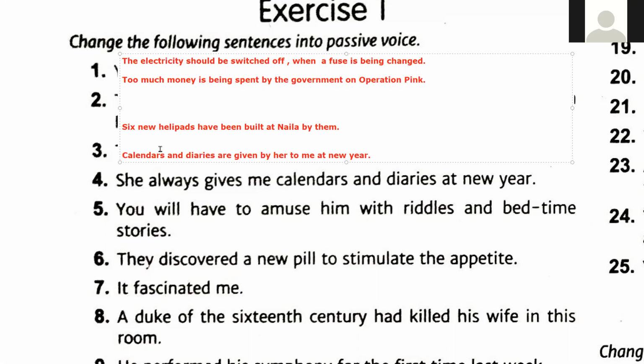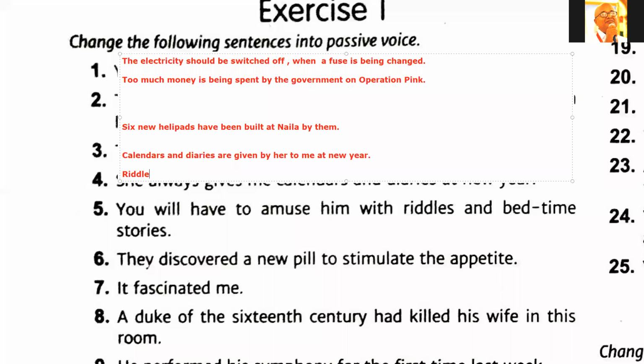Question number 5. Riddles and bedtime stories should be amused to him by you. No, this is not a correct one because in this case, the object is him. Amuse works on him.